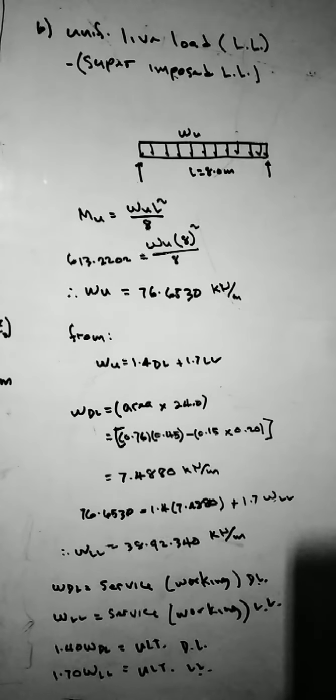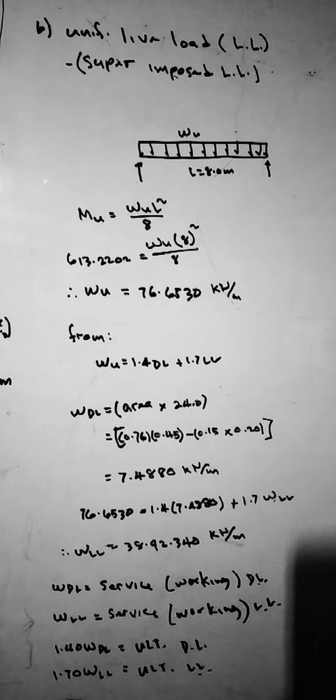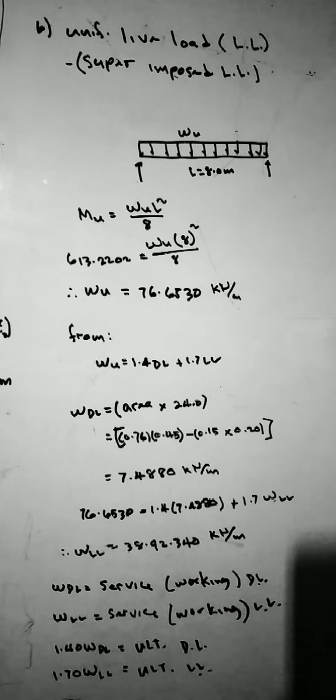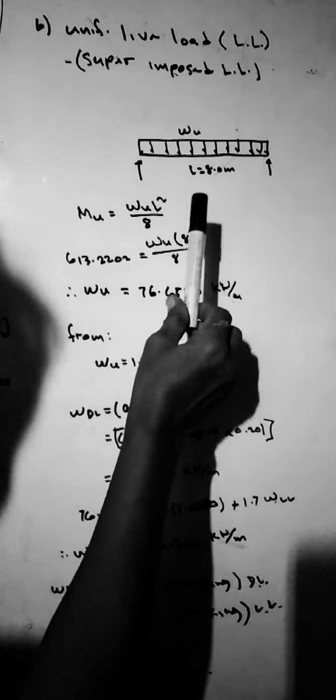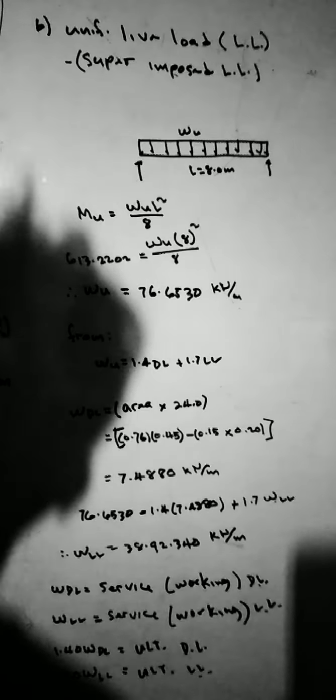Okay, for the letter B, required is the uniform live load in addition to its own weight. We have this load diagram. The length is 8.0 meter.